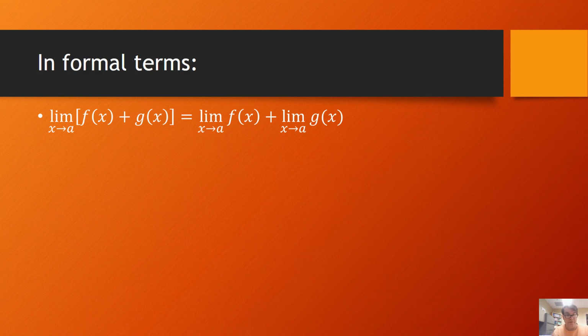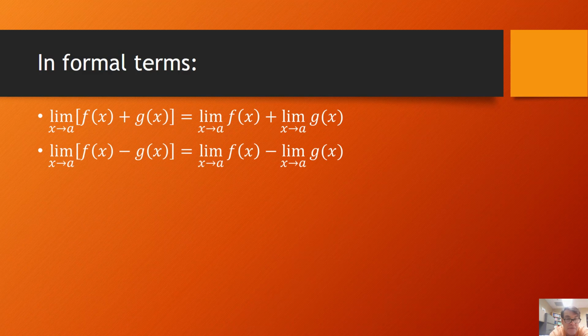The first limit law says that we could have just as well taken the limit of f of x as x approaches a, and the limit of g of x as x approaches a, and then added the limits together, and we would get the same result as if we add the functions together and then take the limit. So the sum of the limits is equal to the limit of the sums, as it were. That's the first limit law.